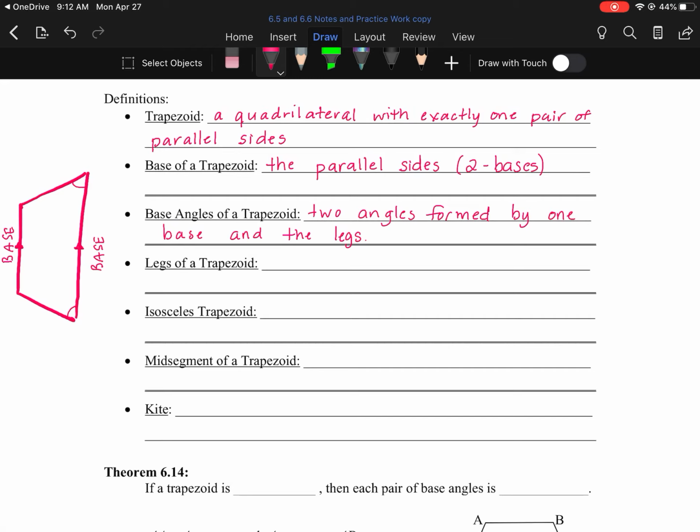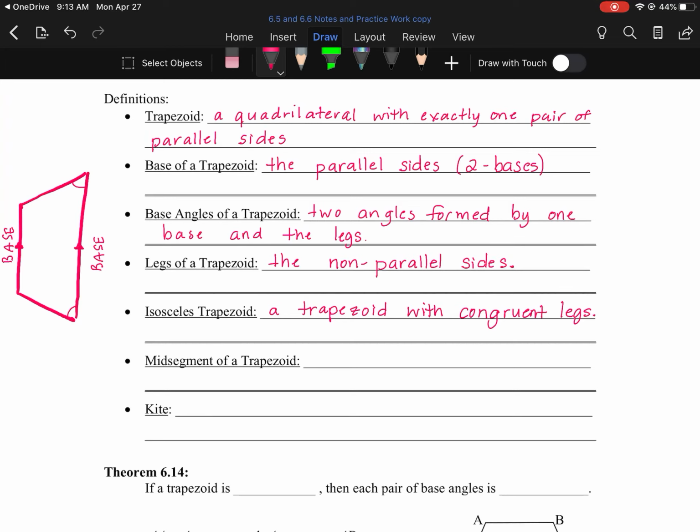The legs of the trapezoid are the non-parallel sides. An isosceles trapezoid is a trapezoid with congruent legs, which means the legs are going to be the same length.